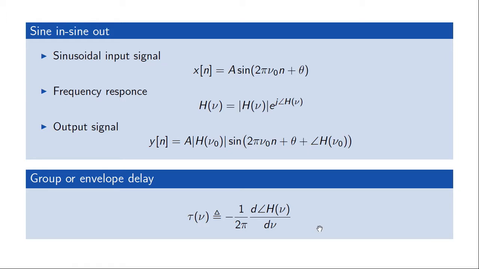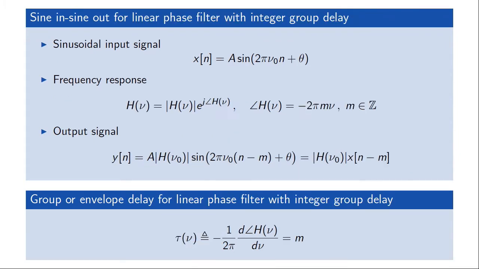And let's look at that in a particular example. So let's look at the case where we don't have just a general frequency response, but we have a frequency response where the phase grows linearly in this fashion with the normalized frequency, and see what this amounts to.